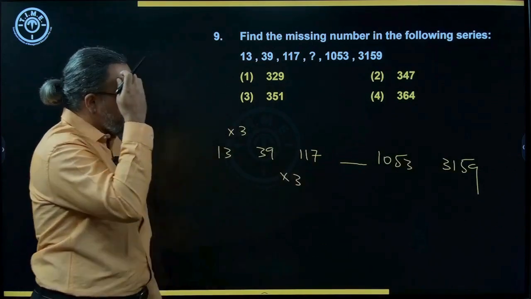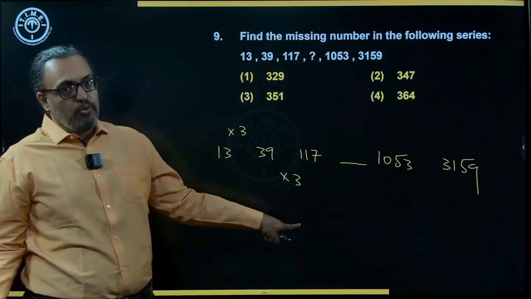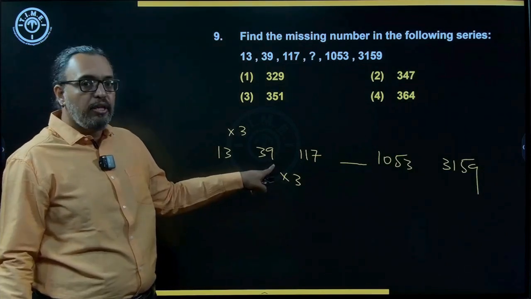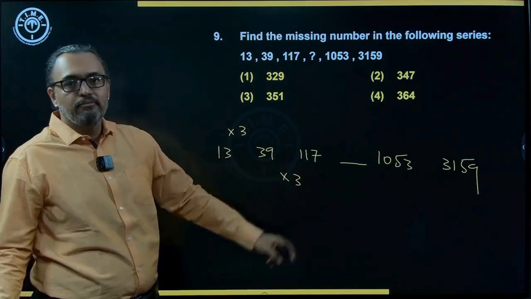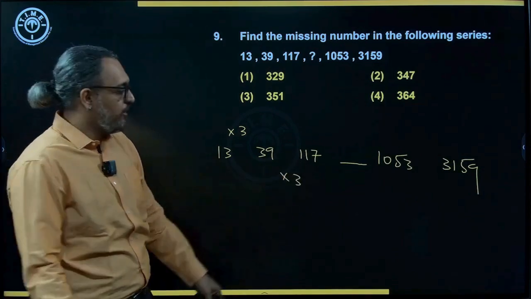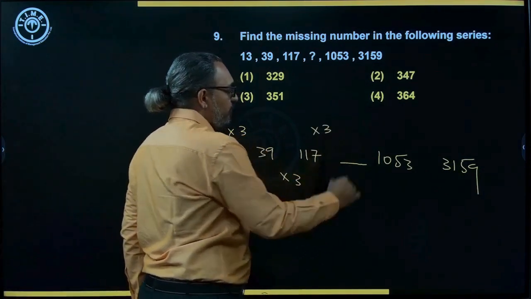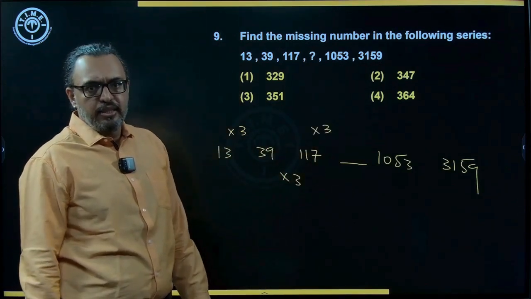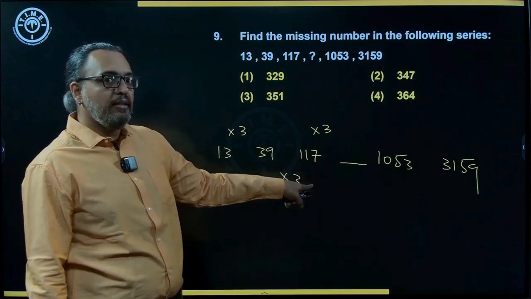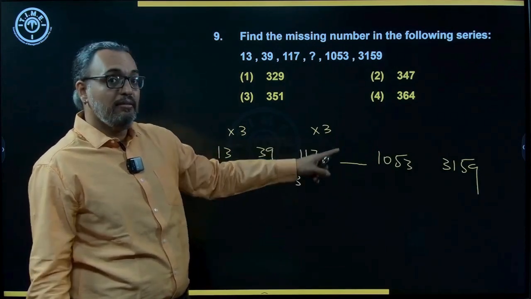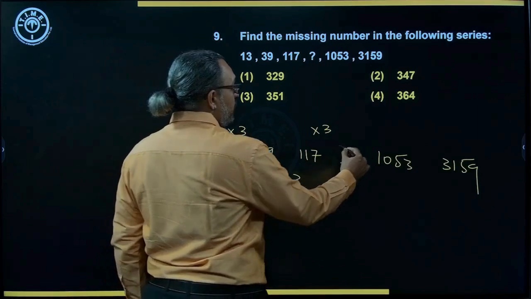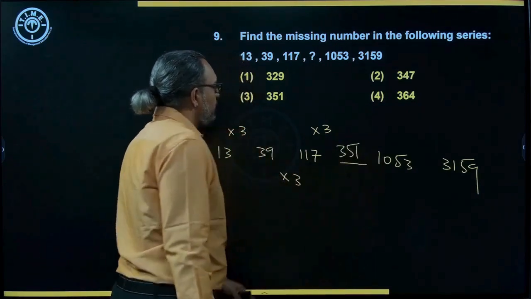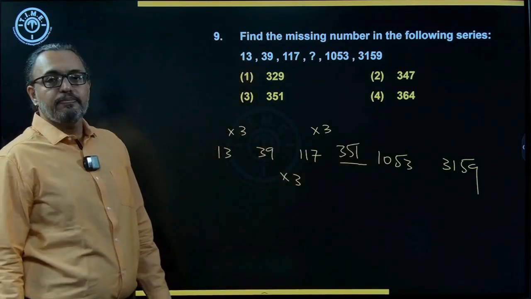Into 3 should be sufficient because we know 40 into 3 is 120. 1 less than 40, so 3 less than 120 because it is into 3, correct? So then again this is into 3. So 120 into 3 is 360, but it is 3 less than 120. So 9 less than 360, which is going to be 351. That's available to us. Correct?